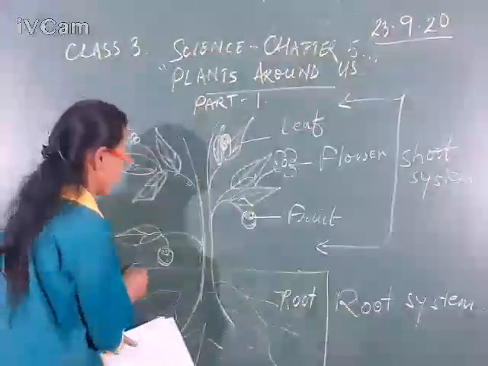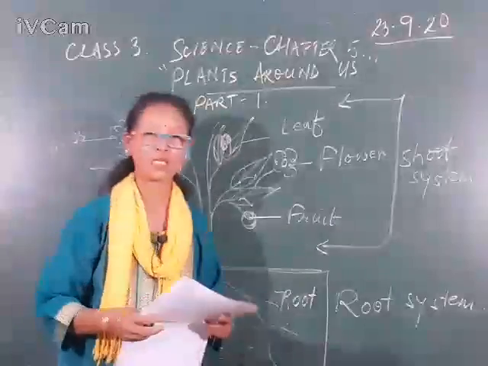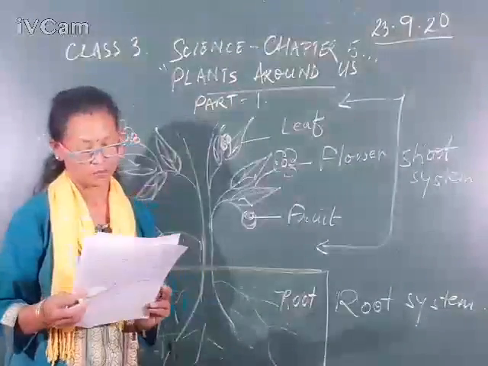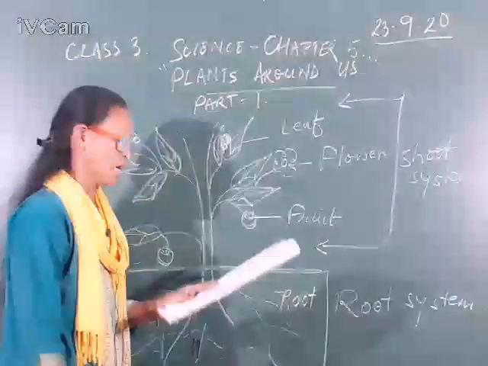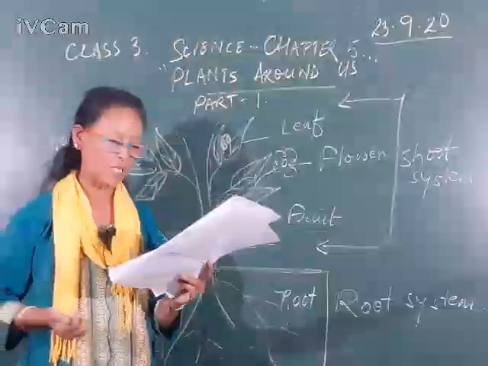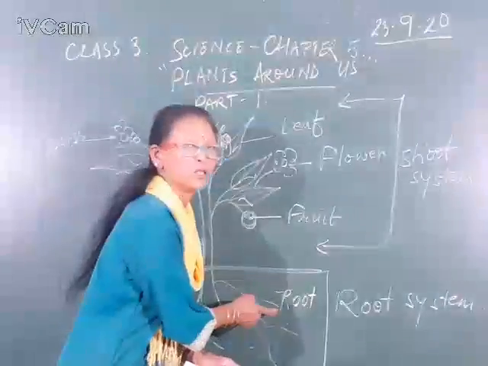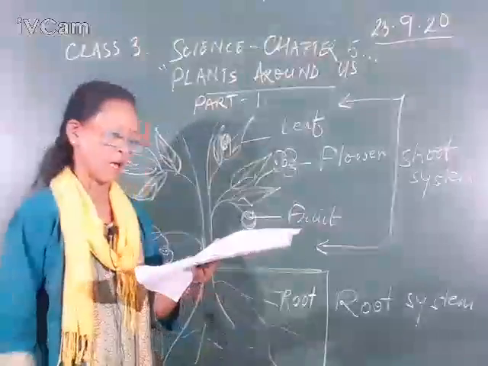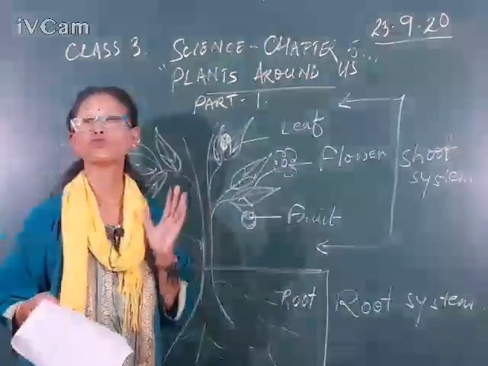Understood? Which you cannot see, which is hidden under the soil. The root is not visible until and unless we pluck the plants out from the soil, then only the root can be seen. And the roots are of two types.